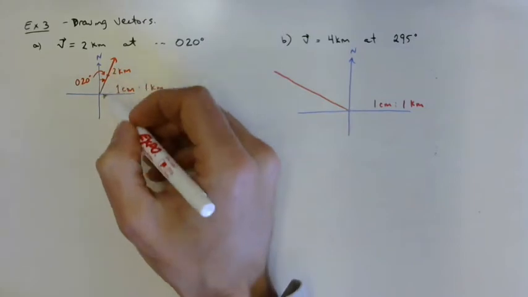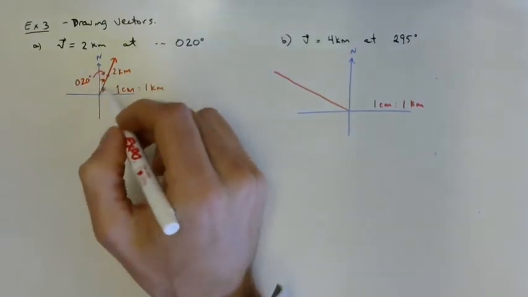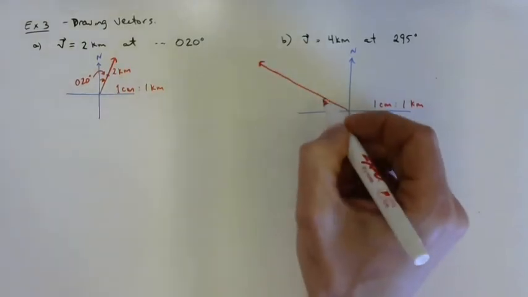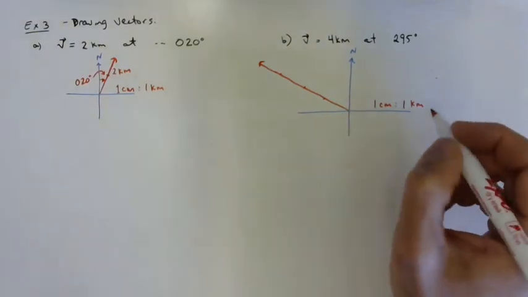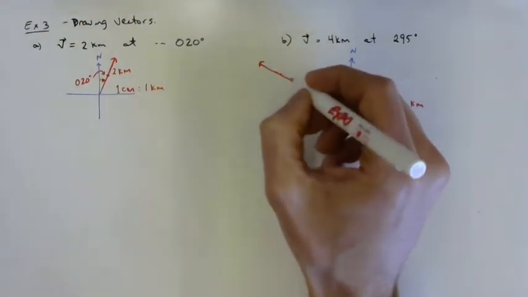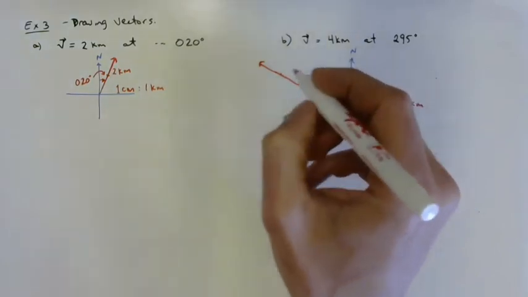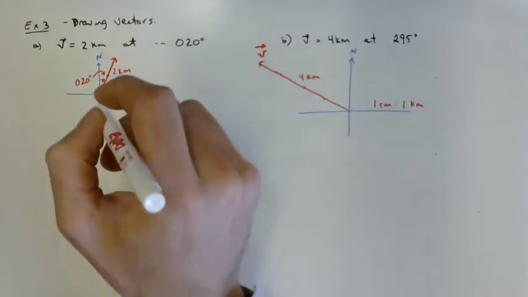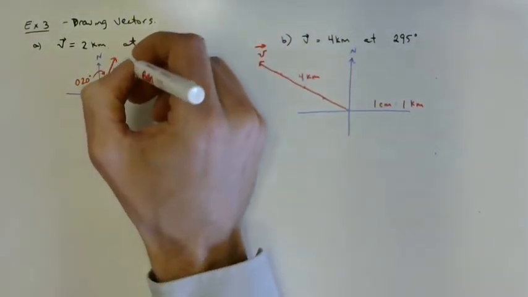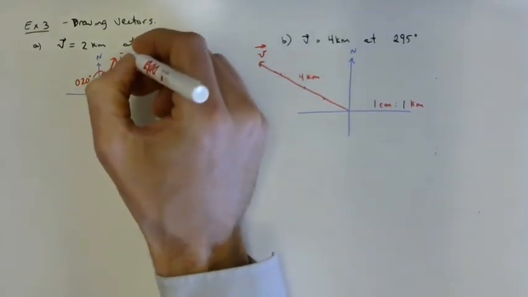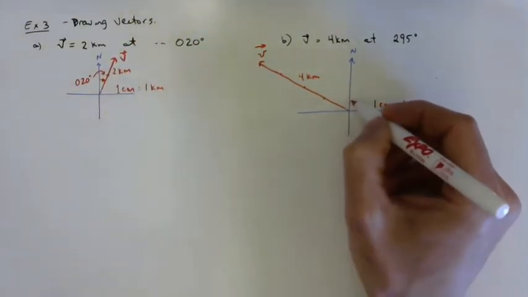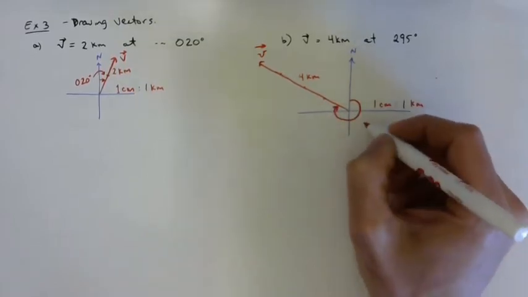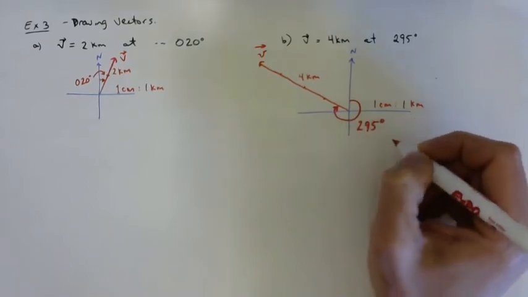And then we are going to be able to see that in comparison to our example 3A at 2 kilometers, this one should be about twice as long. 1, 2, 3, 4 centimeters, which is 4 kilometers. And I neglected to do this in my first one, but we need to name our vector. So put the name typically near the tip, near the end. They're both vector V. And just to show what we're doing here, we're coming from north clockwise all the way around, 3-digit number, 295 degrees.